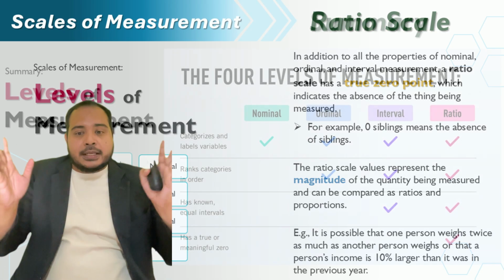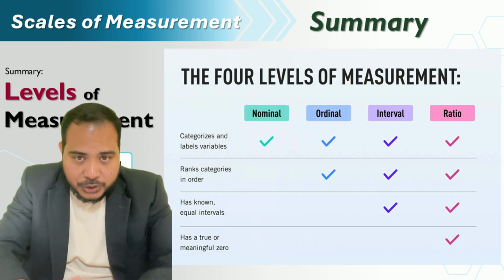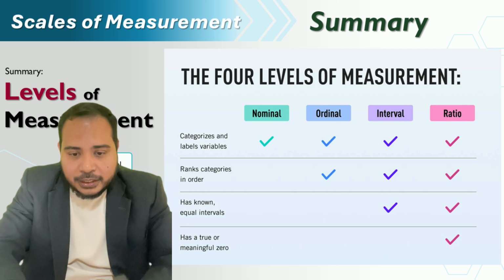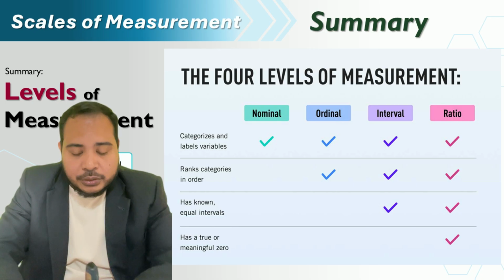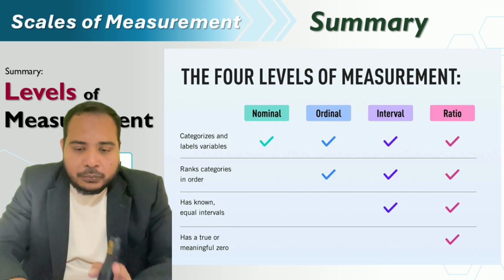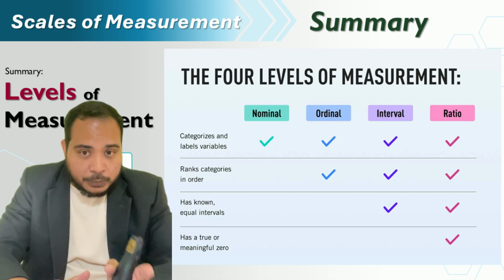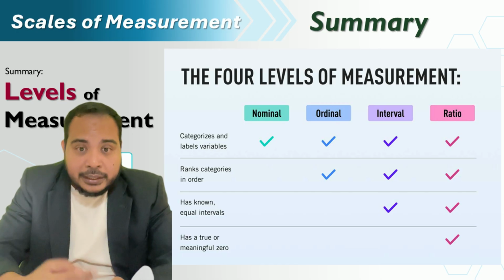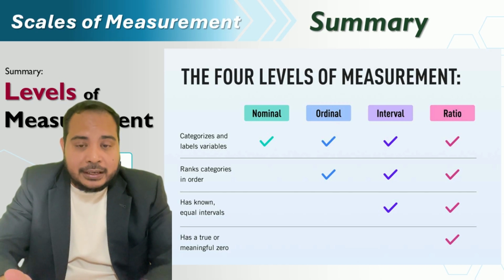So this is the summary of the 4 levels of measurement, not including the type of scale, which is discrete and continuous. You can see that the lowest level of measurement is nominal. Why? Because it only allows us to do one thing: naming or categorizing and labeling variables.